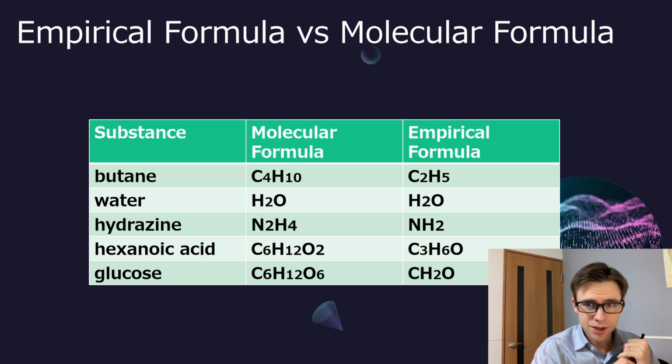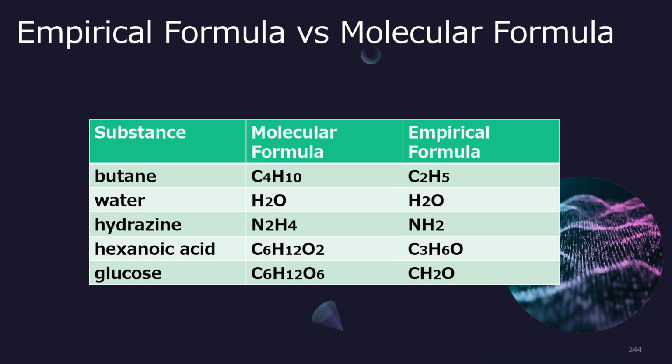Those percentages can give you the empirical formula, and we're going to go through that today and find out how it's done. But it's not as easy to get the molecular formula. You probably need to do more experiments, maybe mass spectrometry to find the actual compound's molecular weight. It often requires more steps.